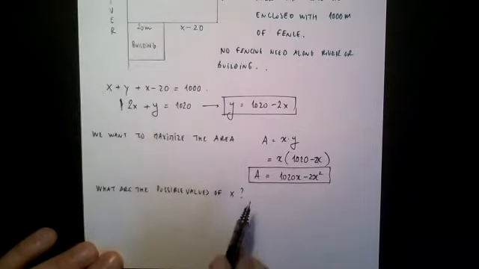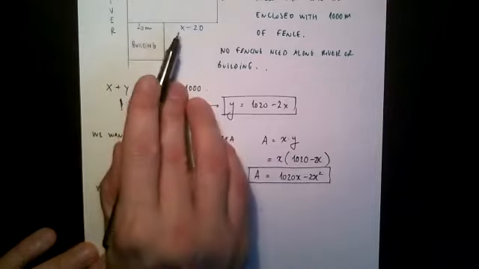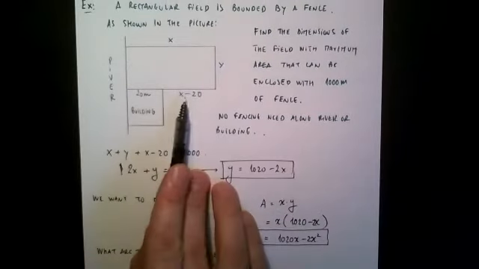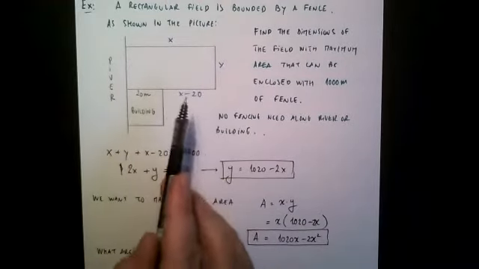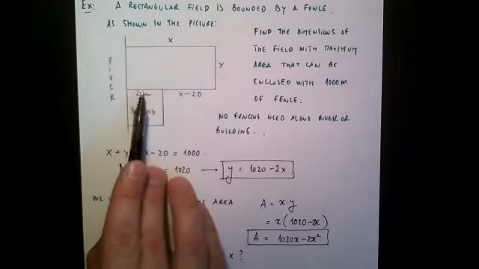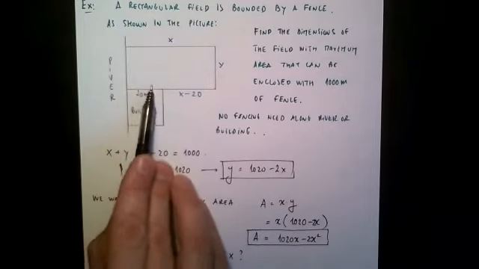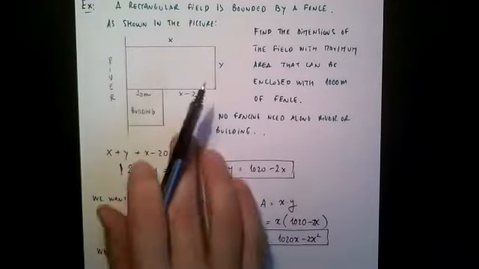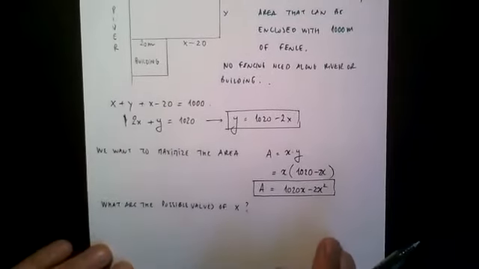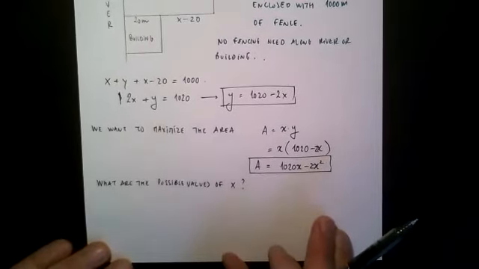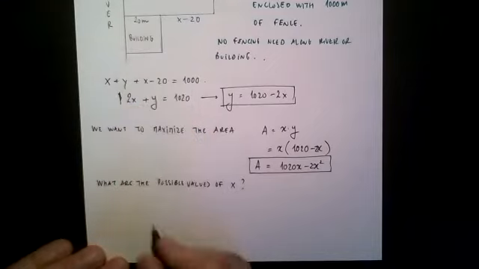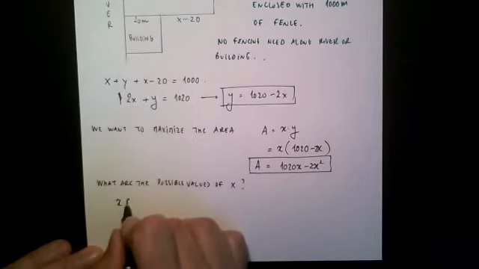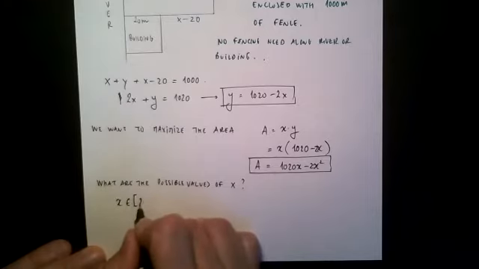What is the lowest value that X could be? 0? No, it can't be 0, because if X is 0, then this would be negative. In other words, you're not going to use all of the wall. For sure, X is at least 20, or else you're not using some free fencing that you have there. You understand? The wall, we're going to use it as fence. So X is for sure at least 20.